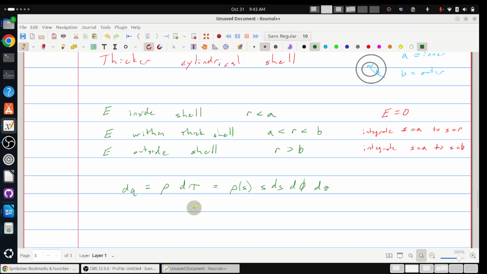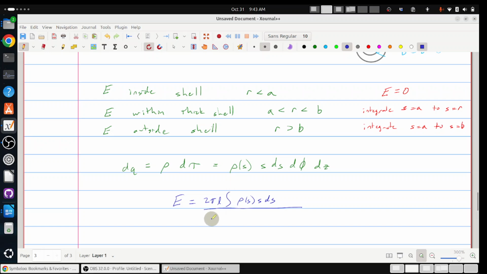And so our electric field, once we bring everything together, we'll have an integral up on the top, and using our same symmetry arguments, I'm going to have a 2 pi L that comes out, but then I'm going to have to integrate my rho s ds.